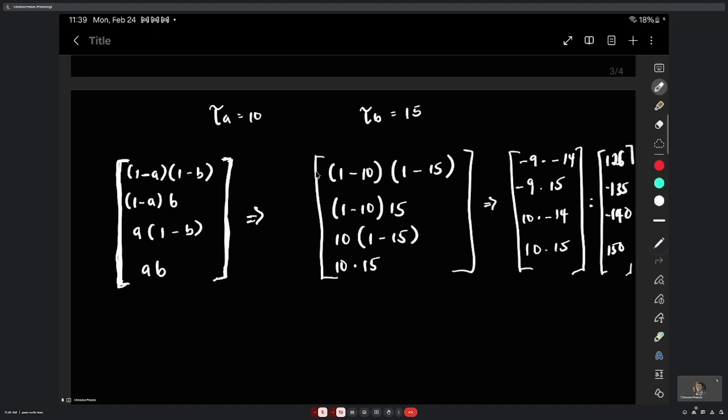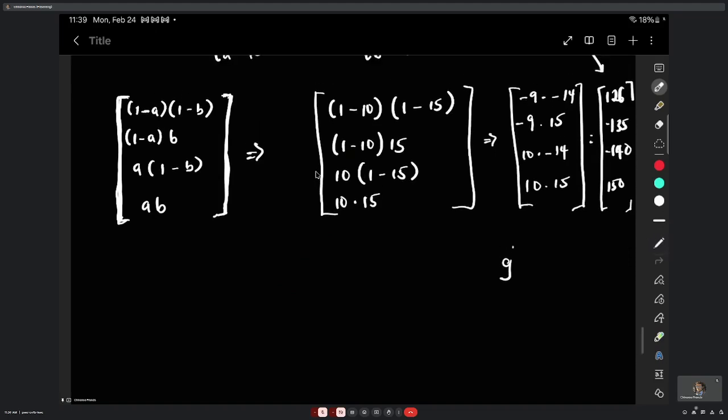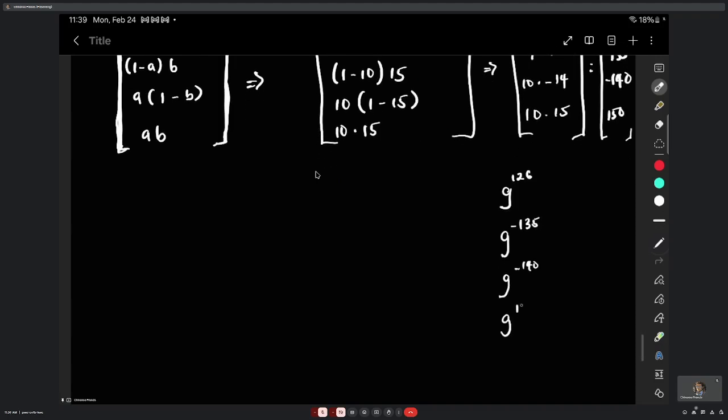Okay, so if these were our values of tau, this is what we will be expecting, right? After our trusted setup, we'll be expecting g to the 126, g to the minus 135, g to the minus 140, and g to the 150.